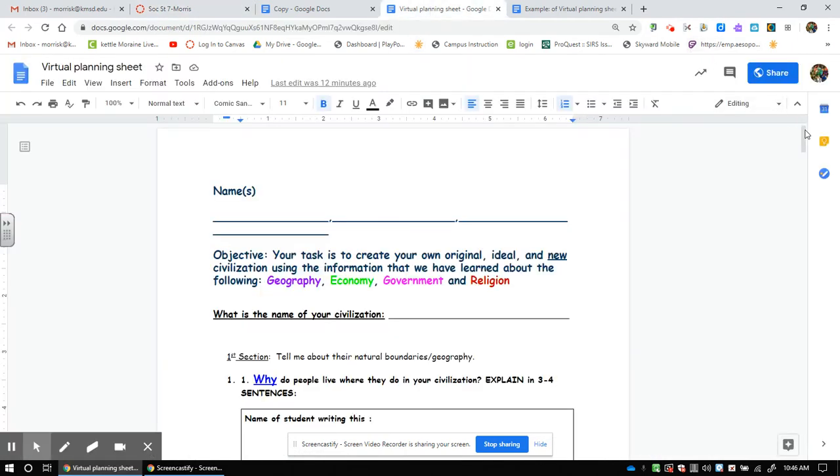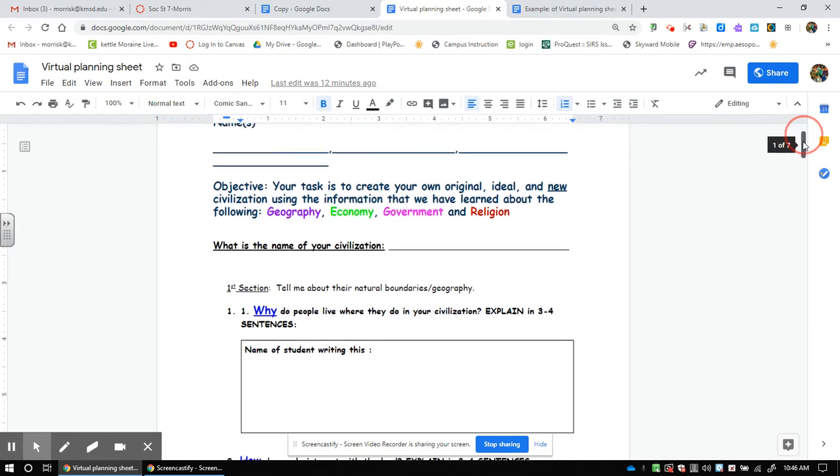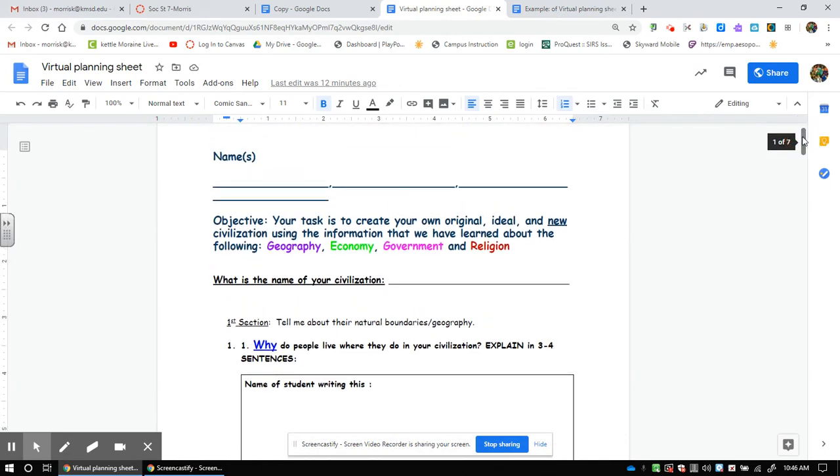This is what you and your partners are going to want to do. You're going to want to get on here and start figuring out what you want this to look like. This is the template, and this is also the script for your Google Slides and the script for your video. Later, I will show you how you can collaborate on a video in separate places and how to make a Google slideshow.